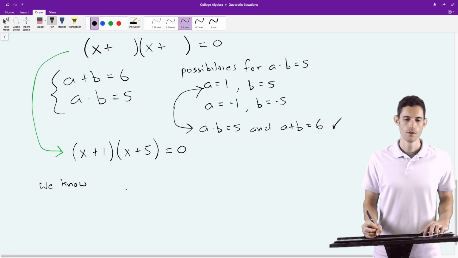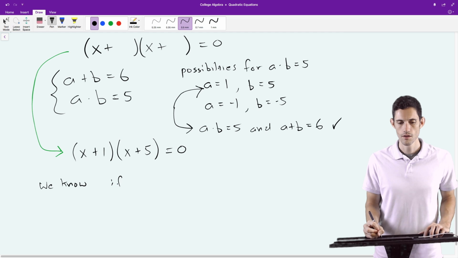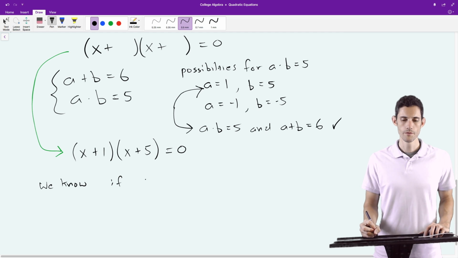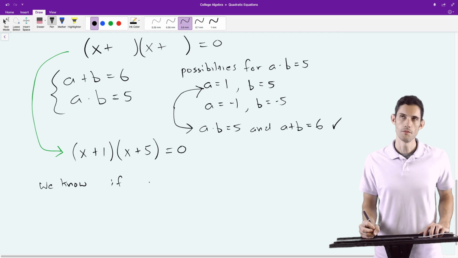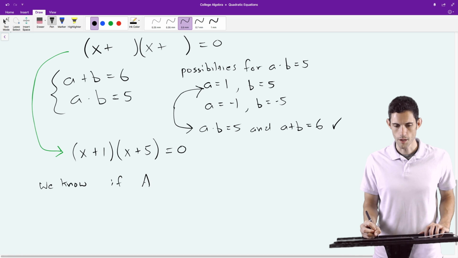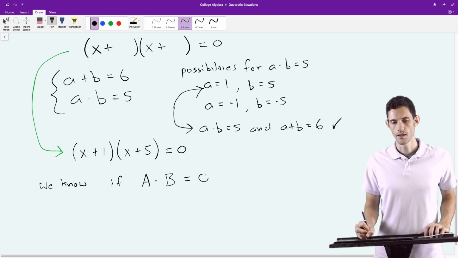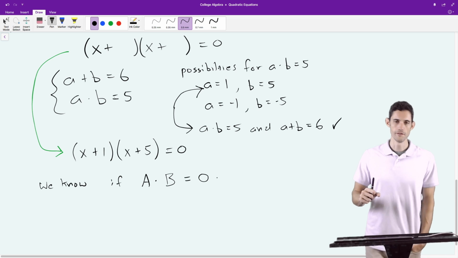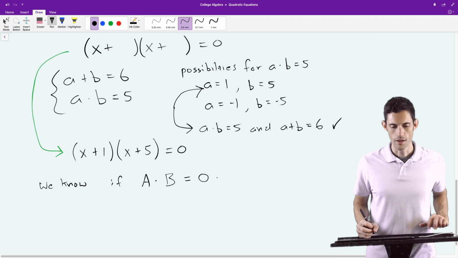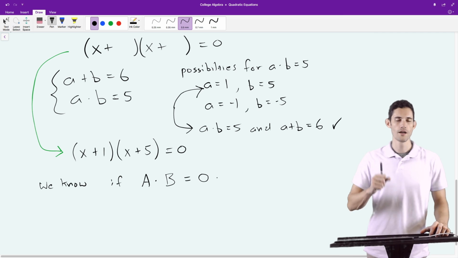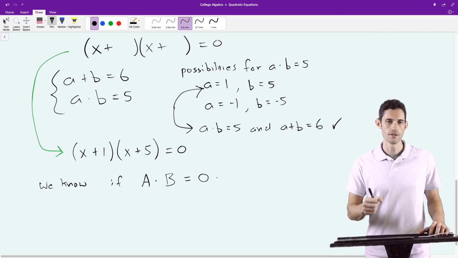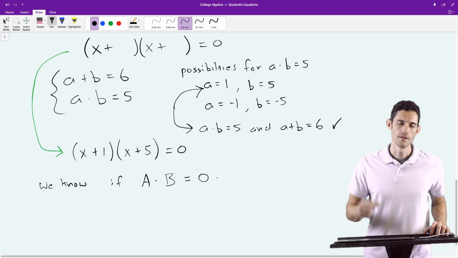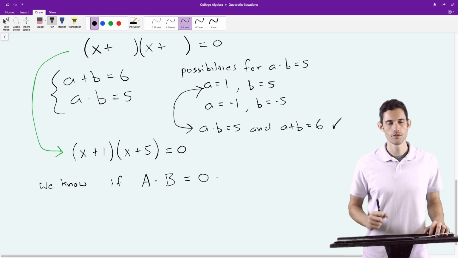Because we know that if I have one number, I'll use capital A, and I multiply it by another number, capital B, and that's equal to 0. This is one of those nice properties of 0, that the only way to multiply numbers together and get 0 is if at least one of those numbers is 0.